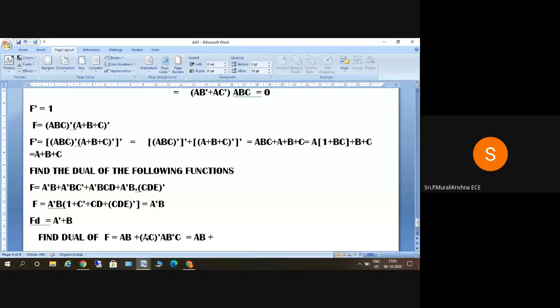Using De Morgan's law, A plus B whole bar is equal to A bar plus C bar, and A B bar C is common here, so A B bar C will be there.